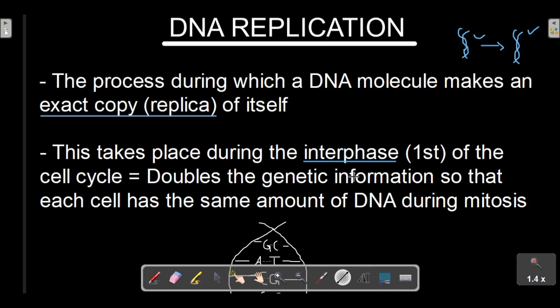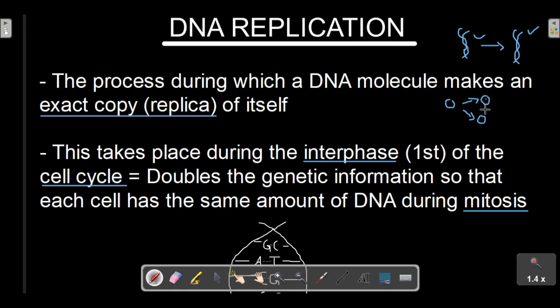During interphase, DNA will replicate, especially during mitosis, the type of cell cycle which is your mitosis. It's very helpful there, because remember, in mitosis you are going to produce a replica of the same cell.